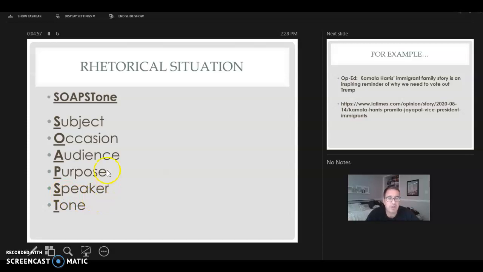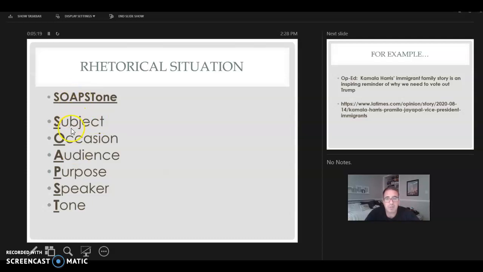Same thing. The reason I like SOAPSTone is because it's like a checklist, right? Whenever you come to a piece of rhetoric, it asks you to stop and go through your little checklist and think about these different ideas before you get into analyzing the actual message itself, right?